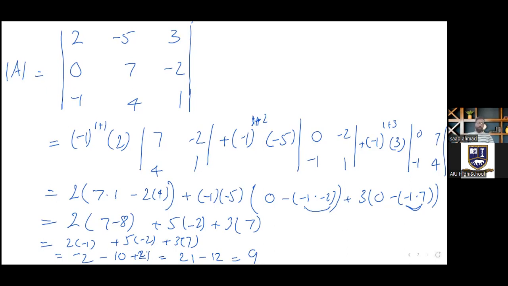Okay, so there is another shortcut trick that we can use. Let me explain it to you with this same example. Okay, let's say we had 2, 0, -1, -5, 7, 4, 3, -2, 1. Let me see if it's the same.